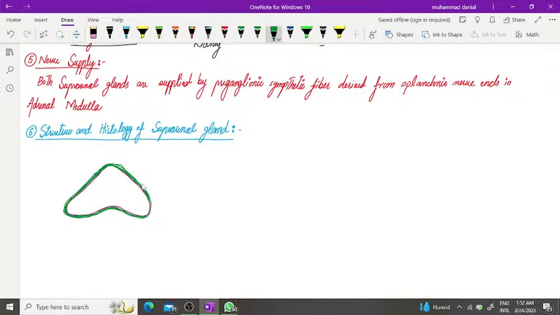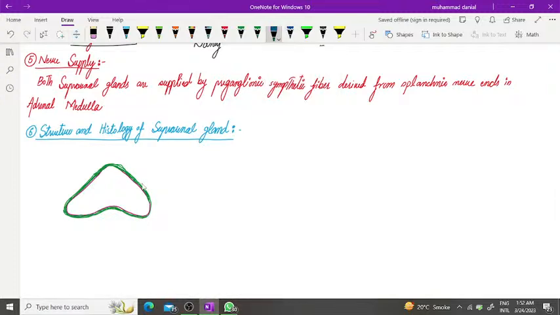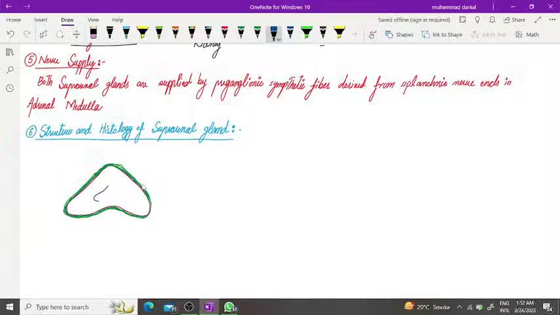There are two regions of adrenal gland. The outer region is called adrenal cortex, and the inner region is adrenal medulla.